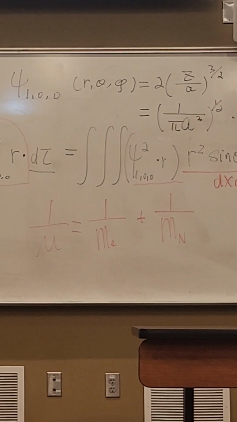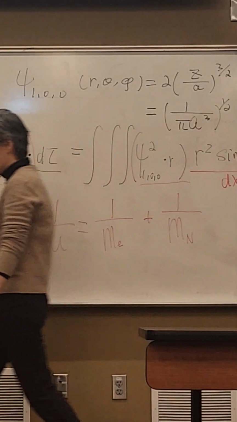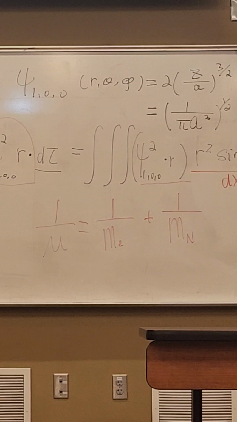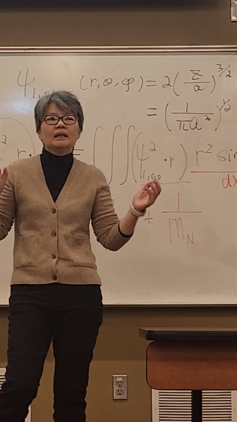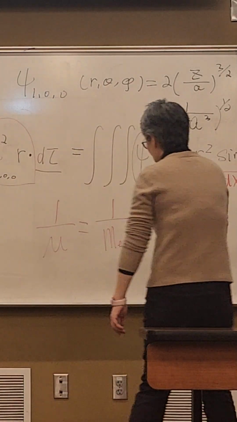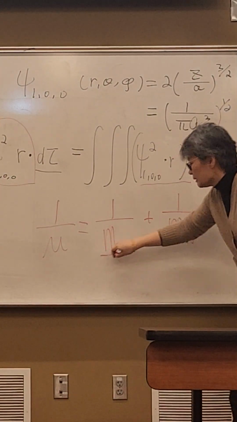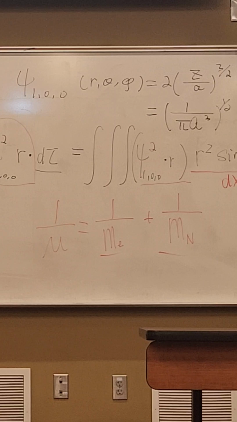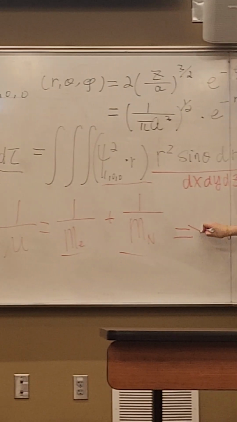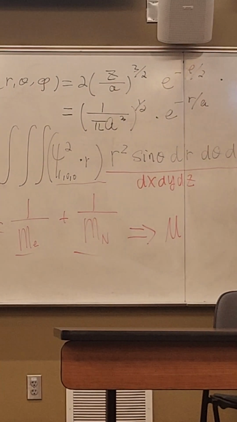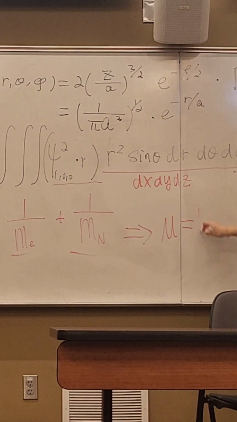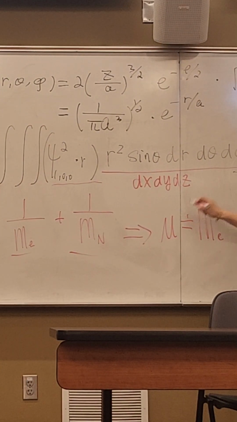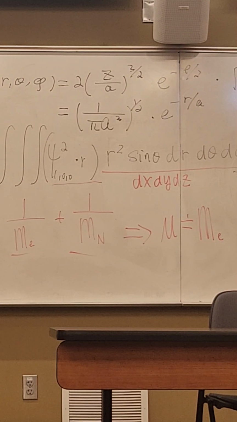If one mass is so significantly smaller than the other, then the whole thing can be approximated. You can go home and try it. You know the mass of the electron, you know the mass of the proton, the nucleus for the hydrogen atom. The reduced mass for the electron in the hydrogen atom is very, very close to the mass of the electron.